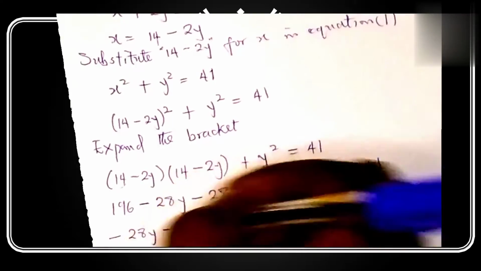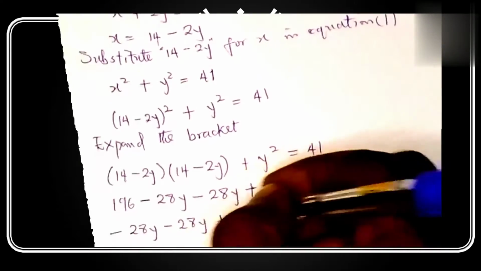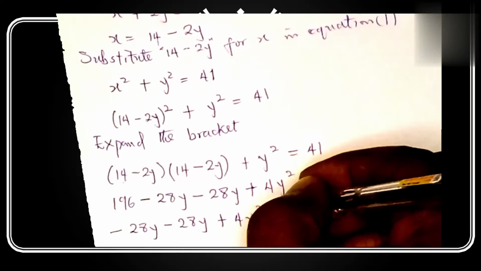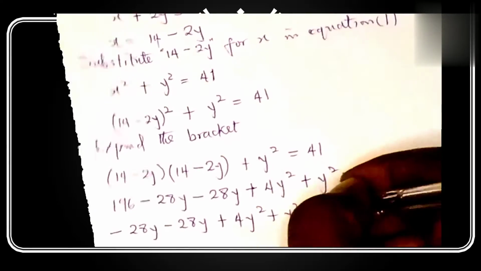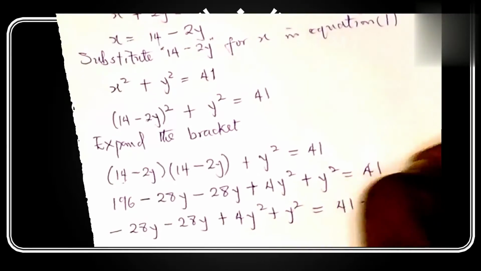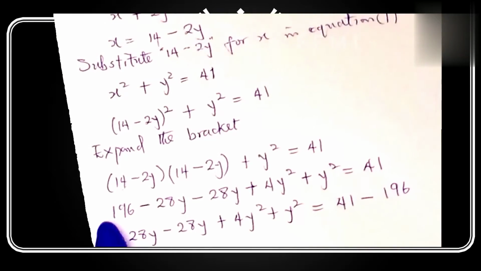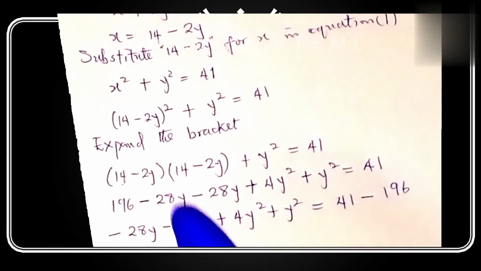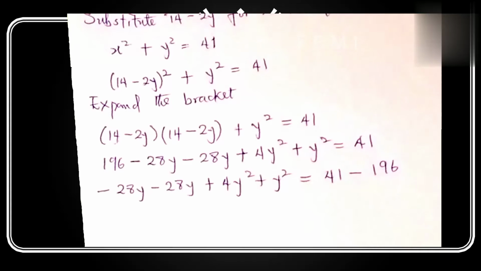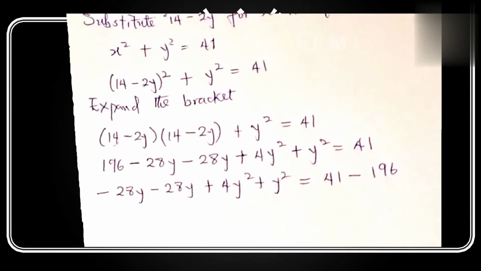Now we have minus 28y plus 4y squared plus y squared equals 41 minus 196. Note that any value standing alone is attached with a plus sign. It's carrying a plus sign, so when it got to the other side of the equality sign, it became minus 196.